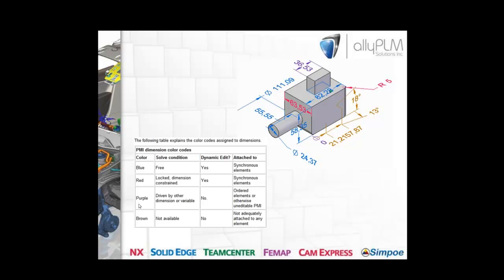If it's a purple dimension, it's a driven dimension, so you have to make changes to some other dimension in order to change this. You cannot directly edit that dimension. If it's a brown dimension, it means it's not available. Some of the features which were used, if they were deleted, then you will see these brown dimensions on your model.